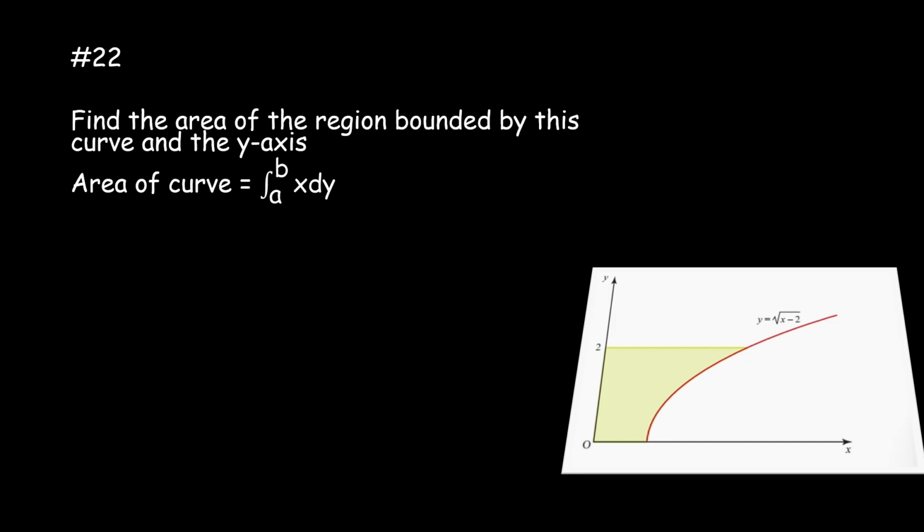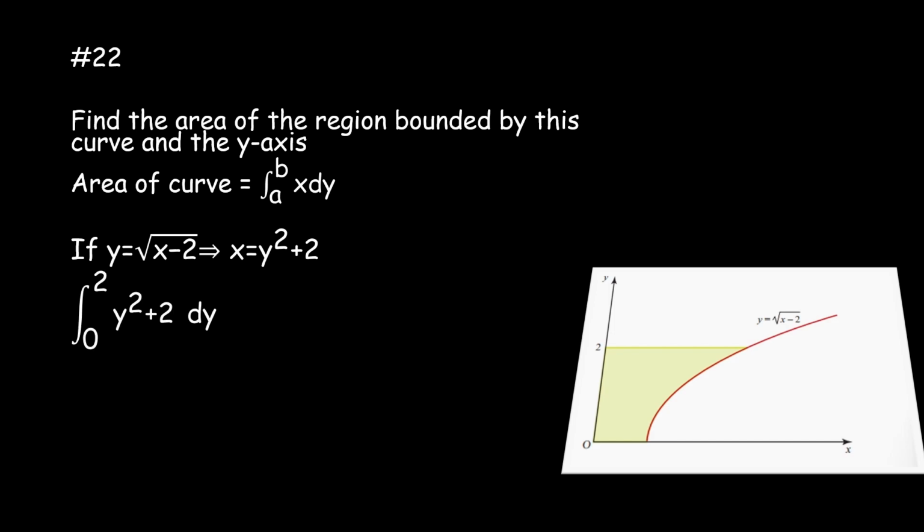Now, if y is equal to the square root of x minus 2, this implies that x would just be y squared plus 2, right? Substituting that, we are going to have the integral of y squared plus 2 dy, which is pretty simple. This will give us y cubed over 3 plus 2y, and we need to substitute 0 to 2.